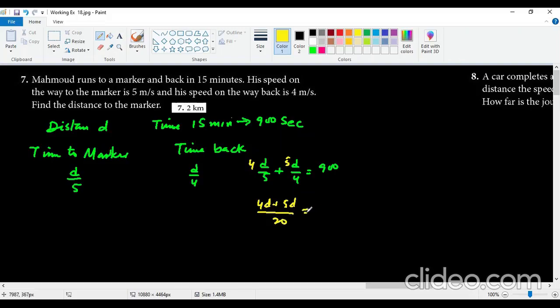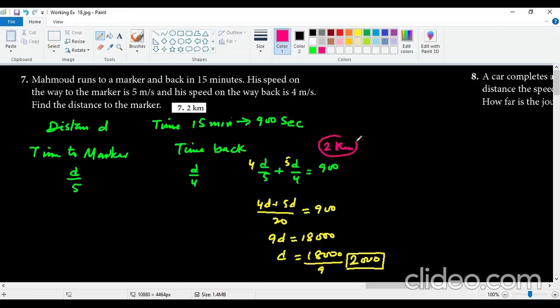When 4d and 5d are added together, this becomes 9d equals 18,000. And when 18,000 is divided by 9, it's going to give us 2000, which is 2 kilometers. So I will write 2 kilometers is the answer for this question.